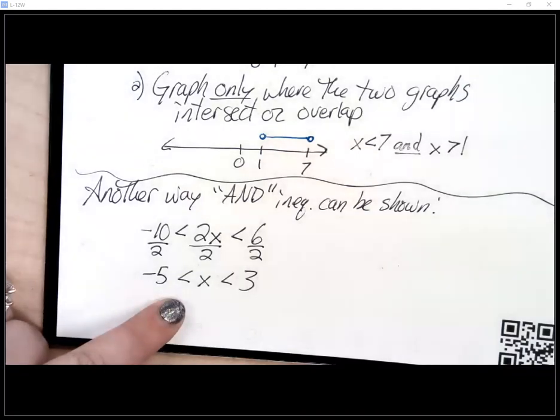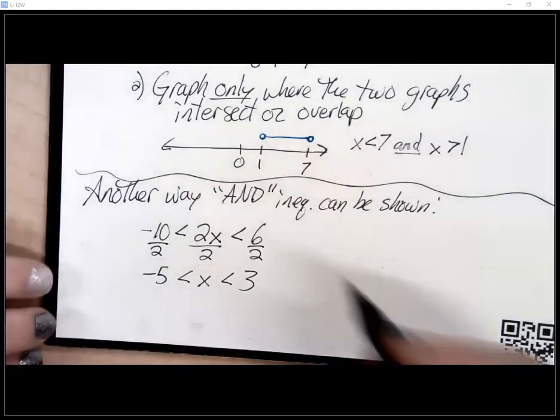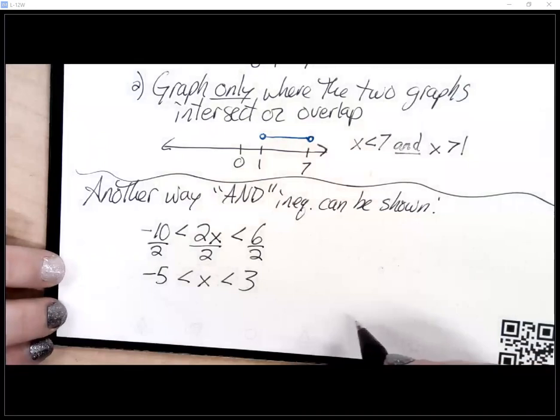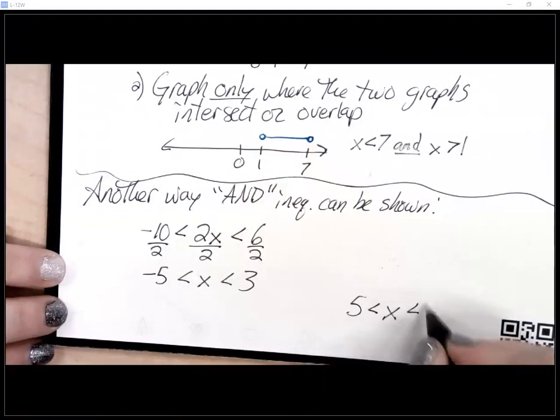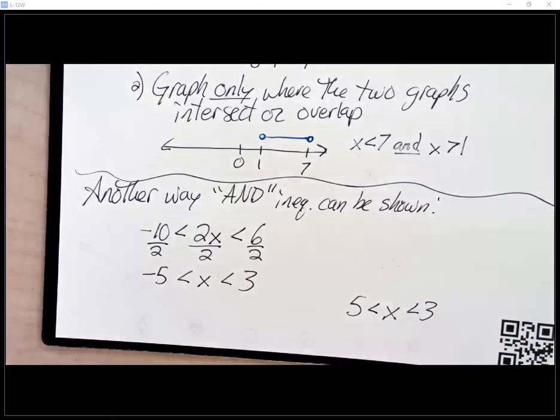Okay, because let me show you, don't write this down, but let me just show you an example. Let's pretend you had tried to solve something and your answer came out like this. I don't know, how about if I did 5, don't write this down. What if I had this? This makes no sense.